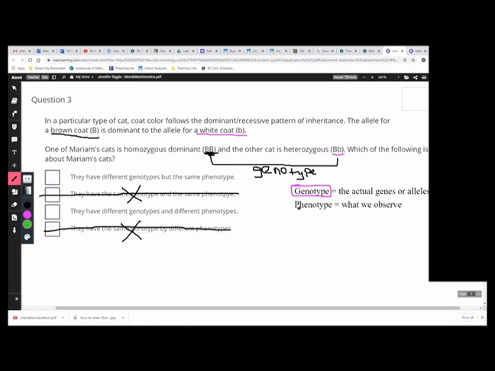Okay. So phenotype is what we will actually see. Okay. So it's telling us that the allele for a brown coat is dominant and the allele for a white coat is the recessive. It's the lowercase b. So if I have a cat that has 2 capital B's, what color fur do you think it's going to have?